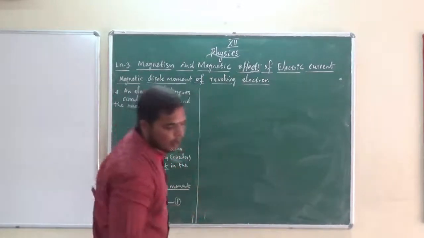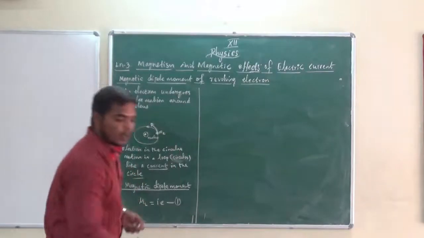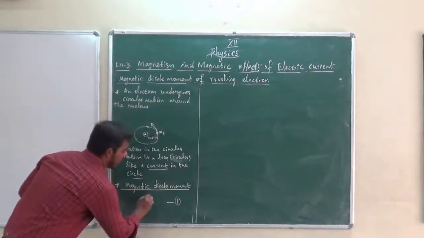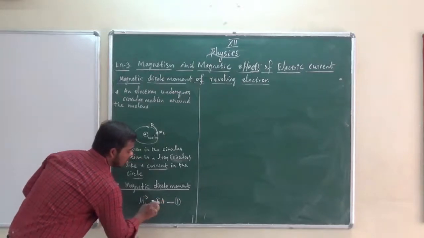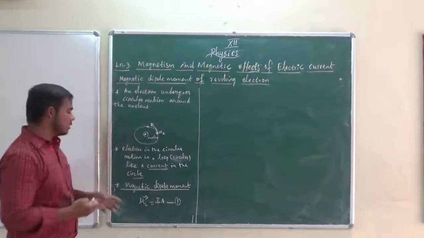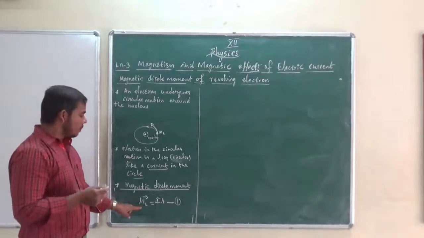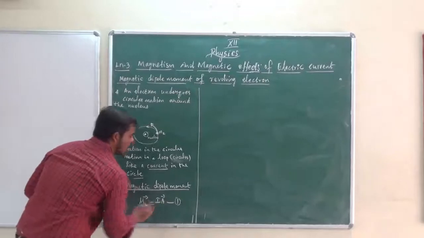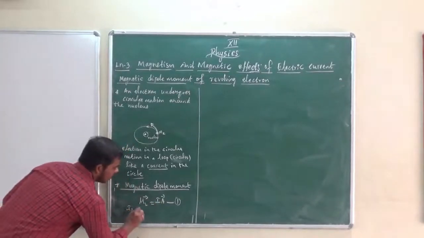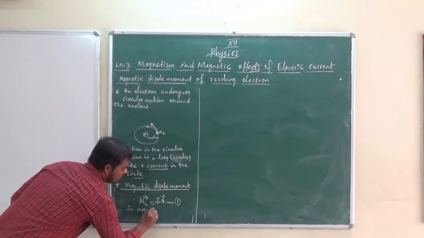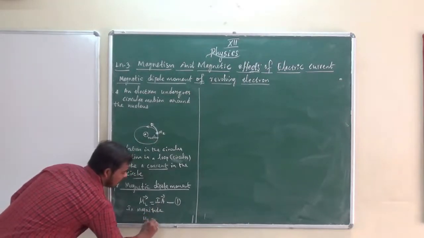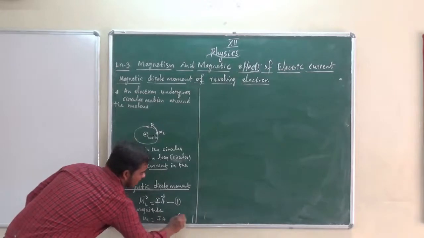Also we know that mu L in vector form is I into A. In our previous class, we discussed magnetic dipole moment. This is vector notation; in magnitude, mu L equals IA, equation number 2.